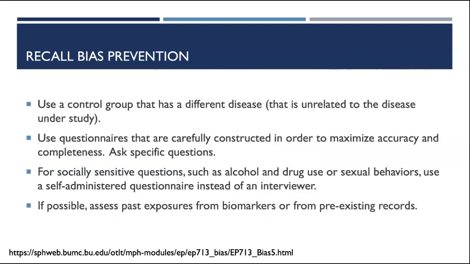So how do you prevent, or I should say minimize, recall bias? There's a number of things that we can do. The first one is you want to use a control group that has a different disease, and you want to make sure that disease is unrelated to the disease under study. If you remember, we talked about a case control study that a group presented where they looked at individuals who had a lung cancer diagnosis, and they compared them to controls that had other diagnoses in that data set.